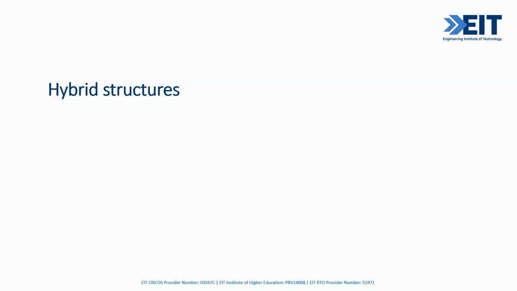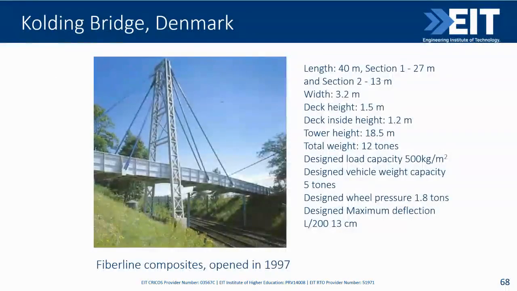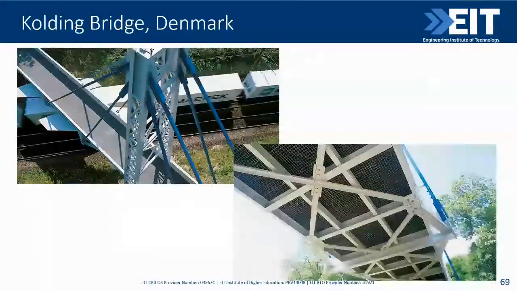We are probably running out of time, so we will skip these hybrid structures, which are fully composite. The first composite bridge in Denmark, built in '97, is fully of composites.